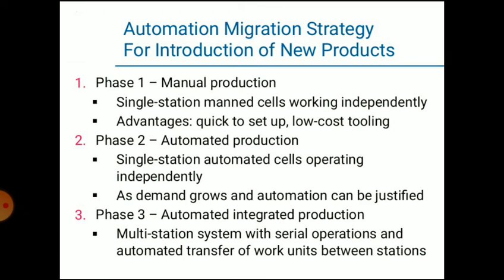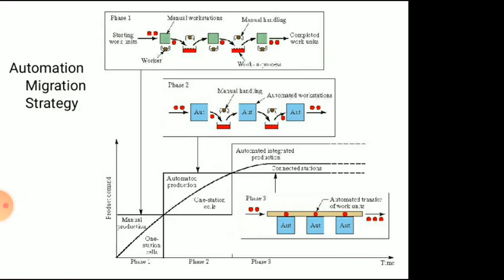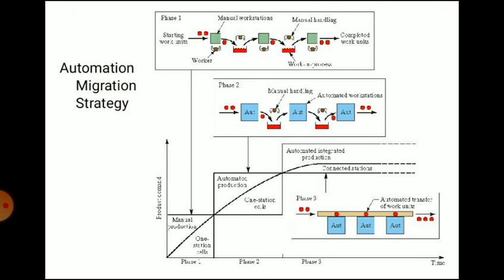And phase 3 is automated integrated production. So it involves a multi-station system with serial operations and automated transfer of work units between stations. So you can see the diagram of automation migration strategy.